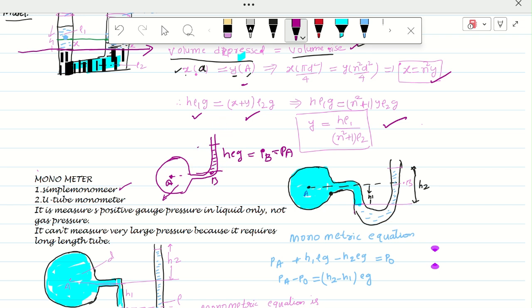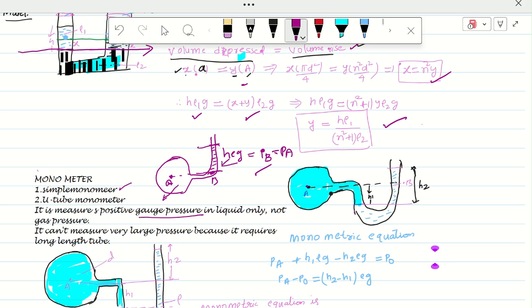I poured one liquid, and it will rise up to this. The remaining is all the fluid, the liquid poured from outside. So h rho g is the gauge pressure of the liquid considered in the limb of the manometer, equal to PA, as the points are the same.